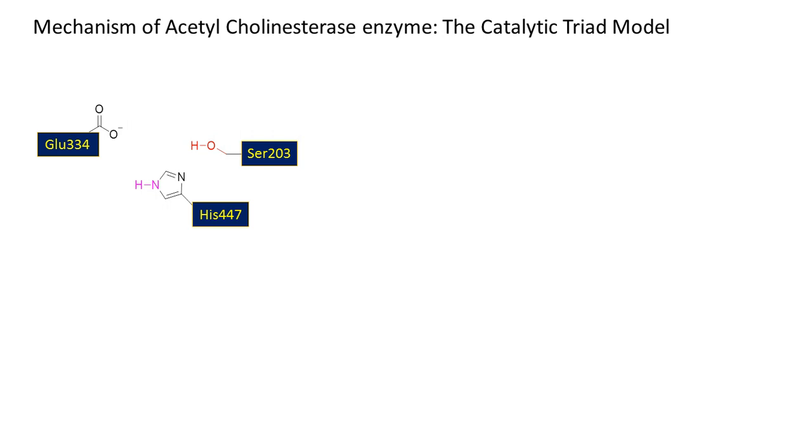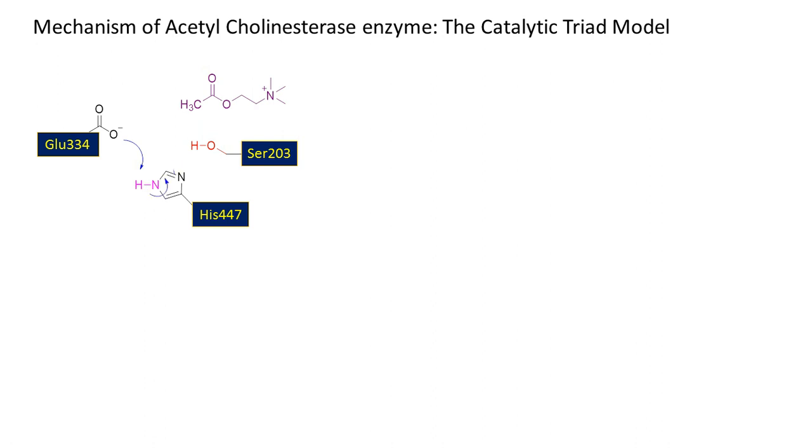How they work, let's see. When acetylcholine is there, a series of transitions happens. In the beginning the glutamic acid, which is there as a minus ion, because the COOH exists in body conditions as COO minus, abstracts a proton from histidine.